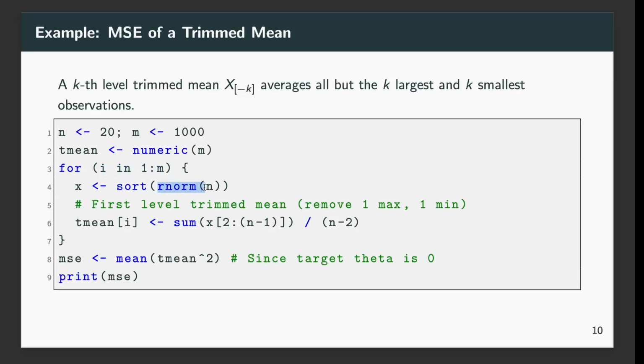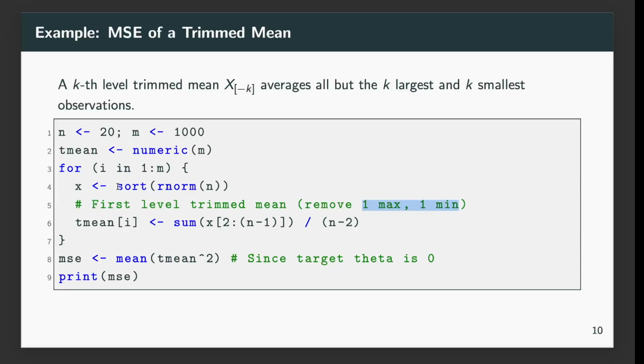First we generate the random numbers. For each step, we generate 20 random numbers, and then we sort them. Why do we need to sort them? Because this is a trim mean, so if k is equal to 1, we need to remove the upper and lower values by 1.